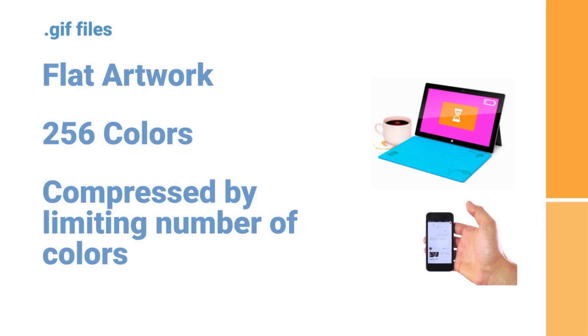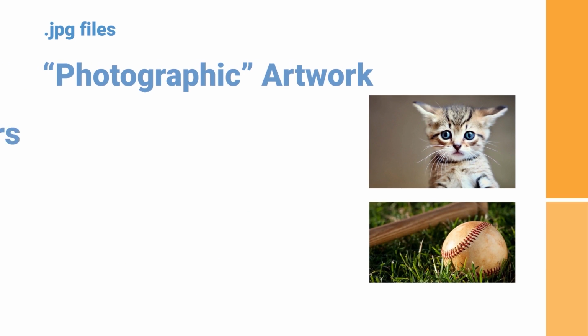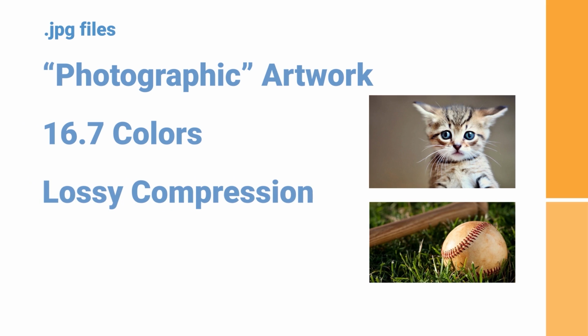All files displayed in a web browser are in a compressed file format. That's so bandwidth isn't wasted in transmitting a file that's either too large or has too much image information to display inside a website. The second common file type found on the web are JPEG files. JPEGs are for photographic style artwork.